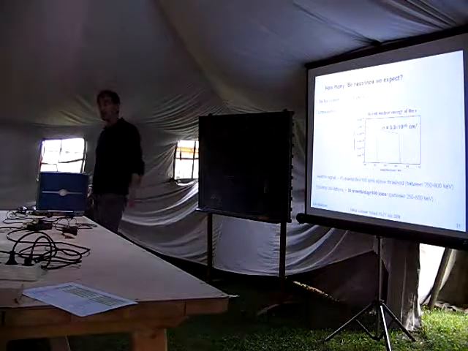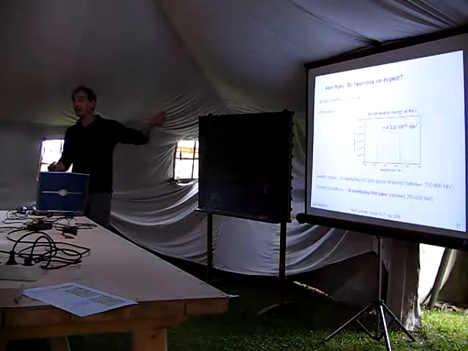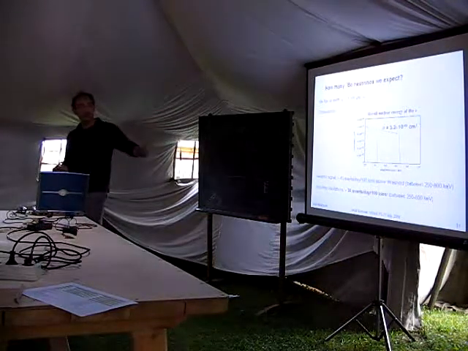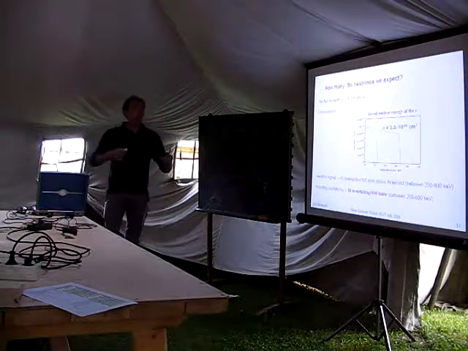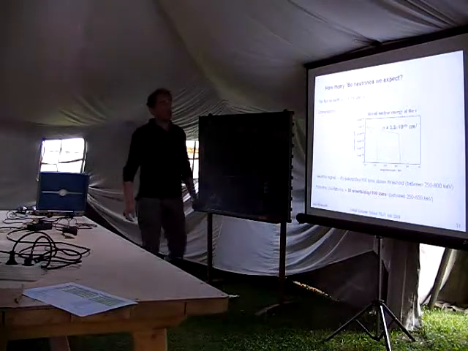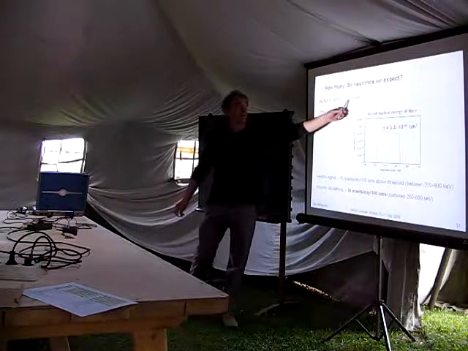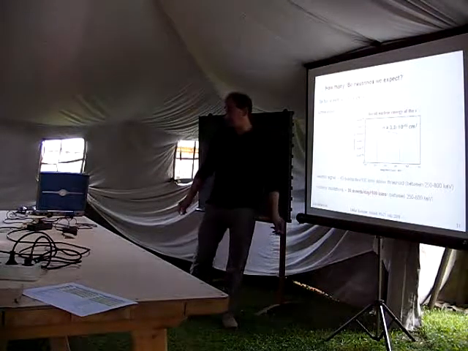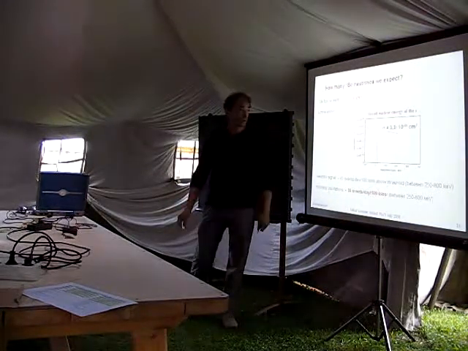As I said before, our main focus is to detect the monochromatic line of Beryllium 7. So we are looking for something on the order of 5 billion neutrinos per square centimeter per second.